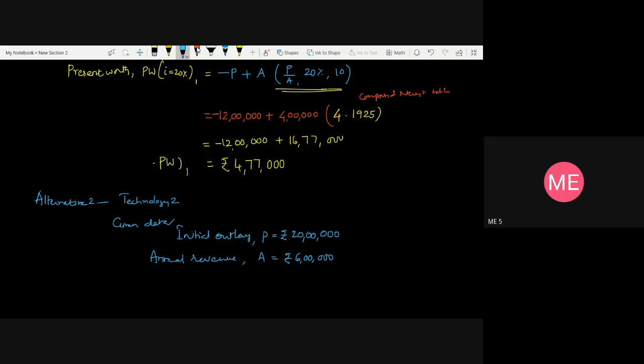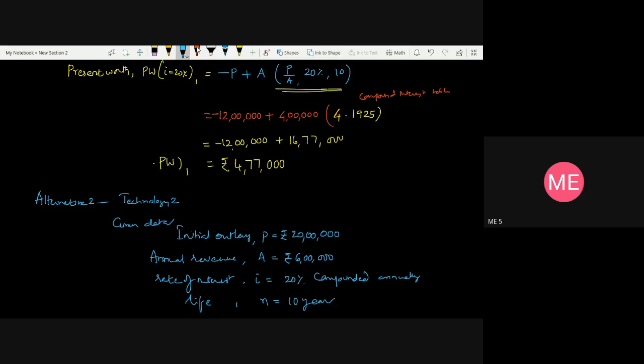Then the life and rate of interest we can take. The rate of interest is given as i equal to 20% compounded annually. Next he has given the life of this technology, N, as 10 years.